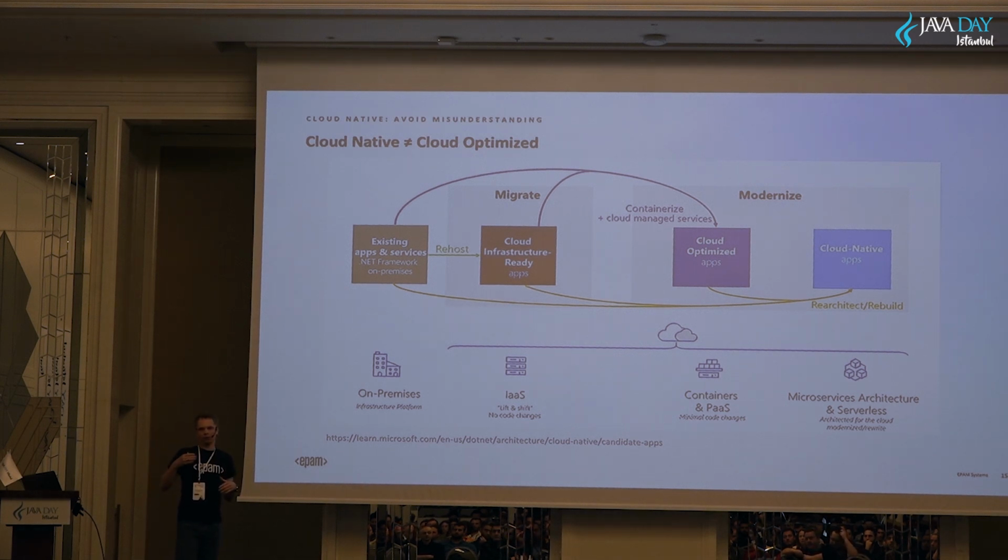And after all these steps, does it mean that this application becomes cloud native? Actually no, because this is just the optimization of your application. This is still your old application. It still leverages all the traditional approaches and development approaches and so on.